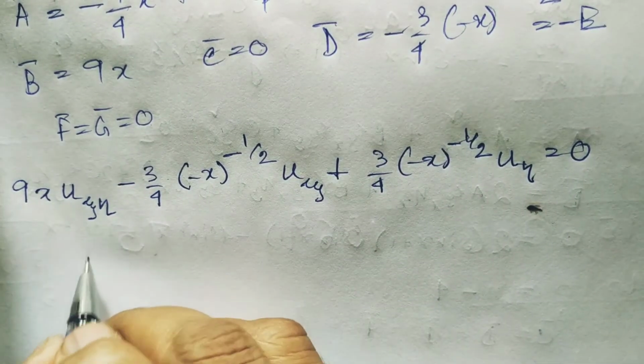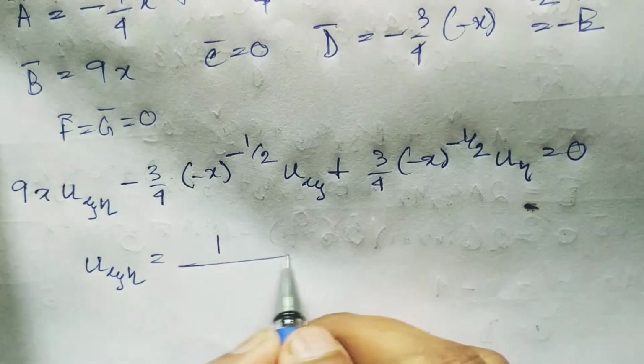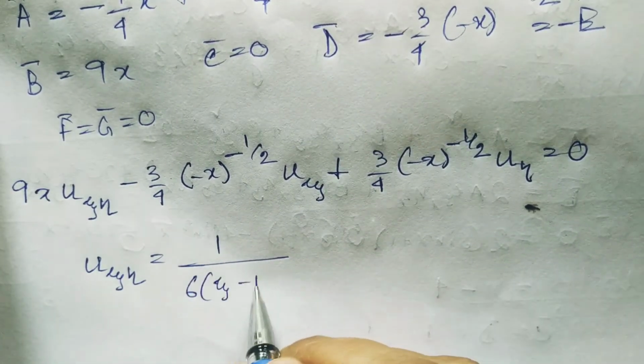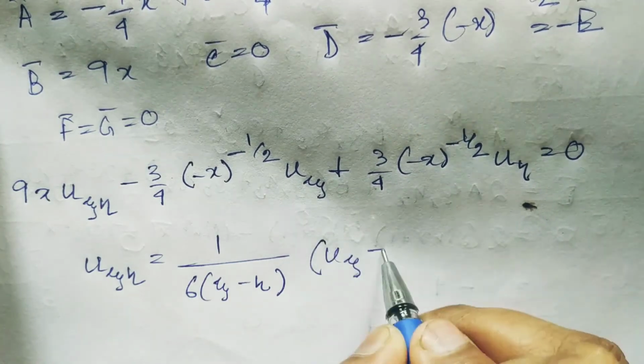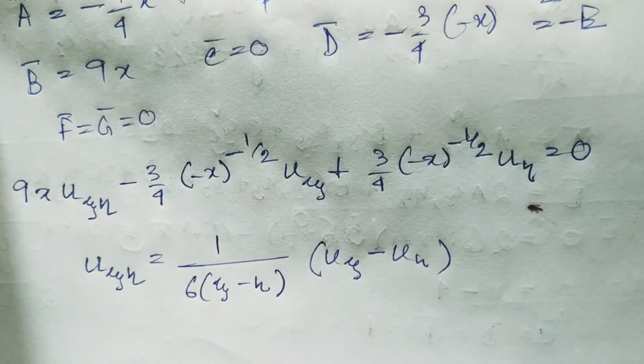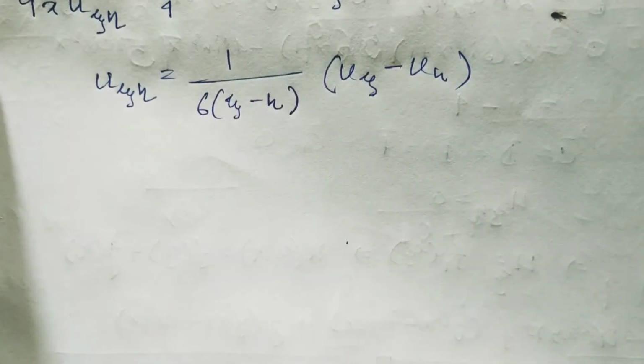That is, simplifying, we can write this is equal to 1 over 6 times eta minus xi times u xi minus u eta. Now this is the solution if we take a hyperbolic case.